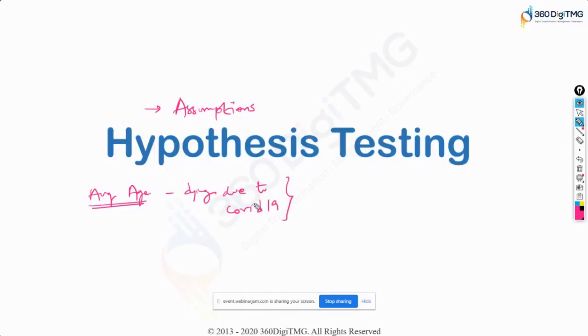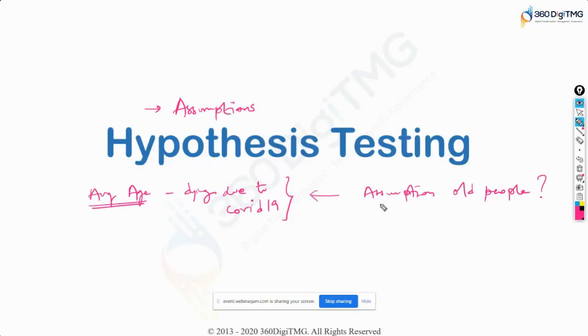You're saying that old age people might die. How true is that? The default assumption is old people are dying. How true is this? This is what we have to basically comment on or test.